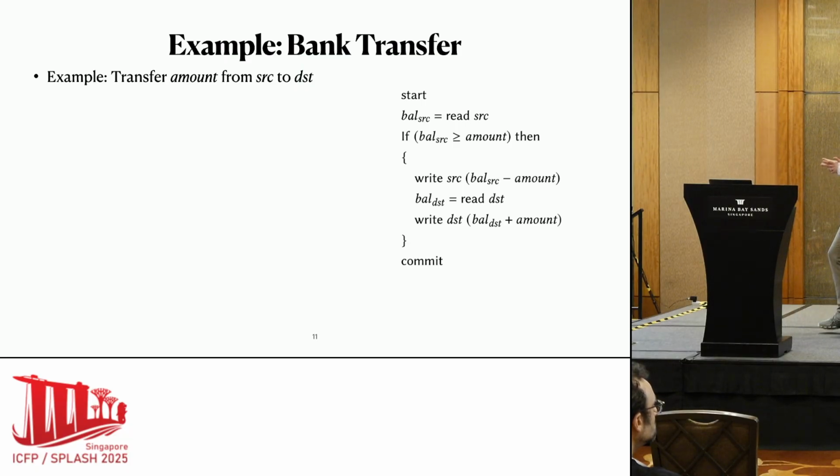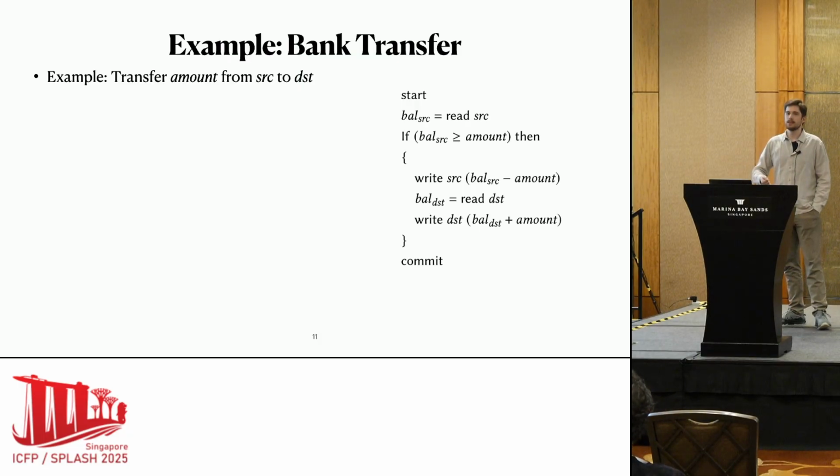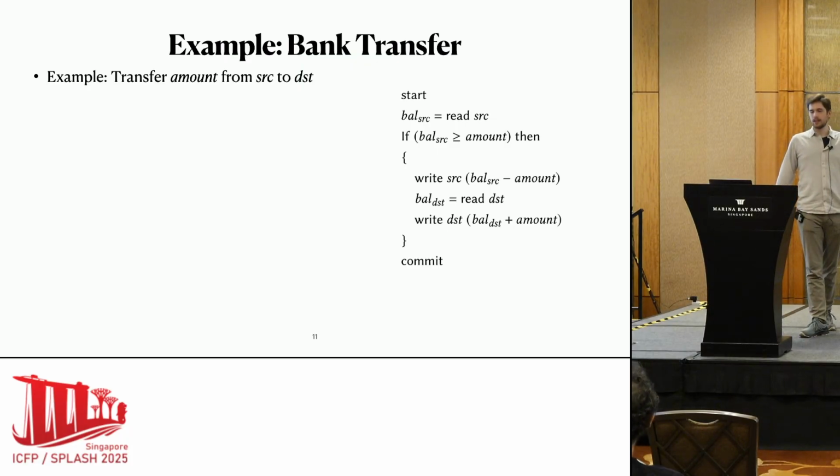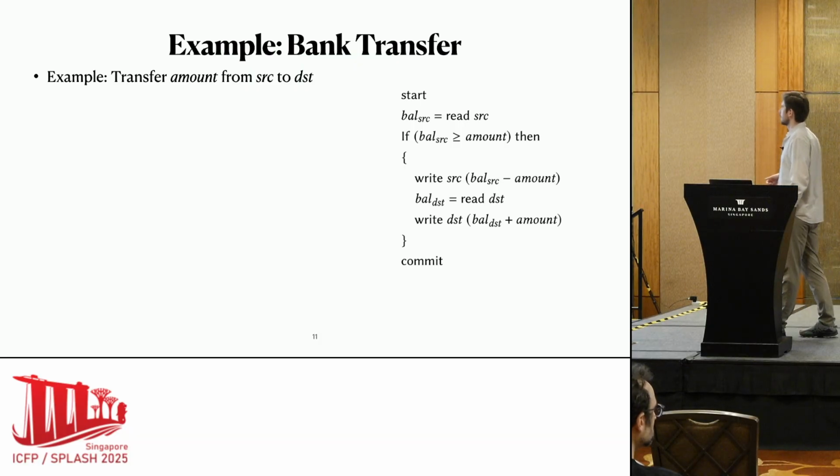First we start the transaction, and then we read the source balance out of the source account. Then we have to check whether there are actually enough funds in this account. If that is the case, we can go ahead and subtract the amount out of the source account. And then we can also update the destination account by reading its balance and then adding this amount.